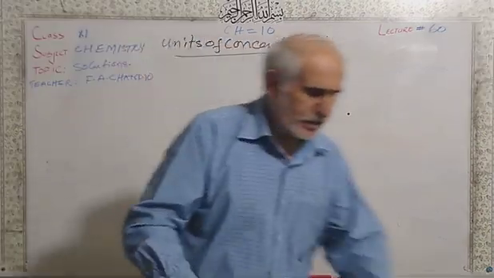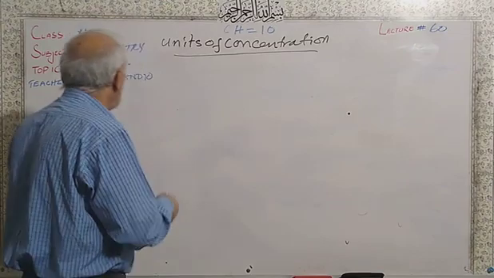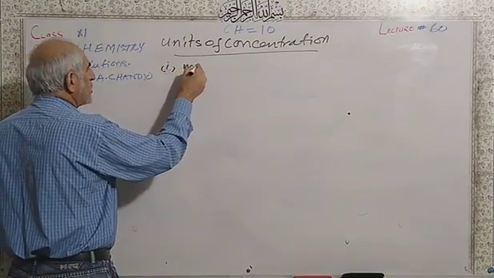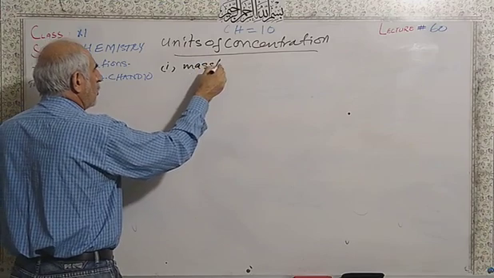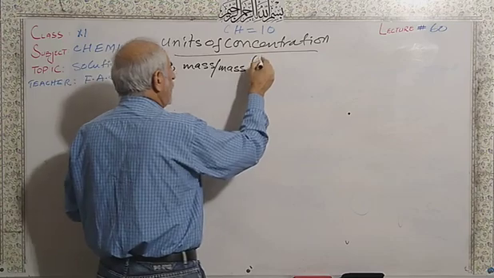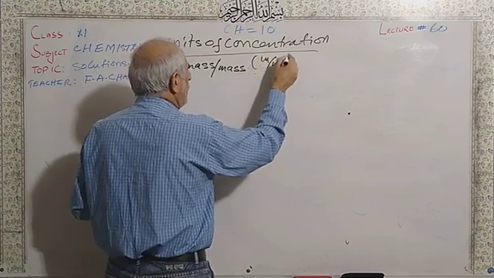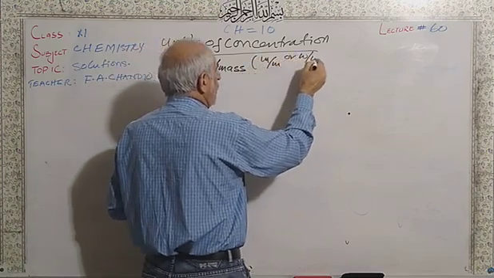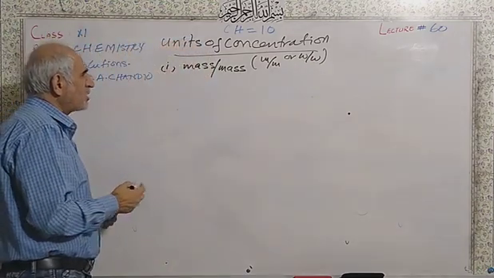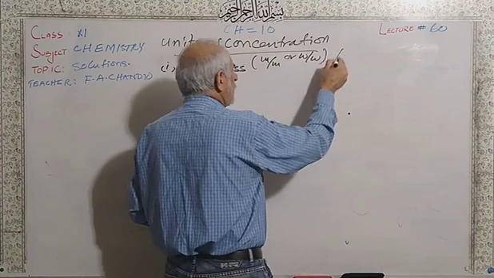Number one unit is mass to mass. Generally we write M over M or W over W, the mass percentage of solutions.